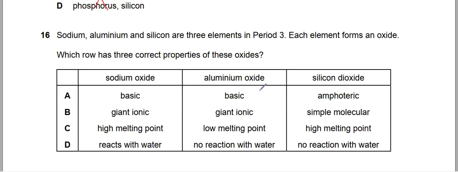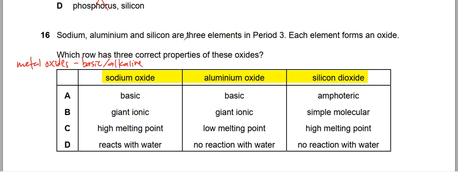Question 16. We are looking at these three compounds and their characteristics. We know that metal oxides in general are basic, or alkaline.